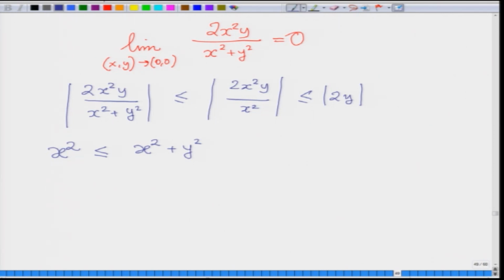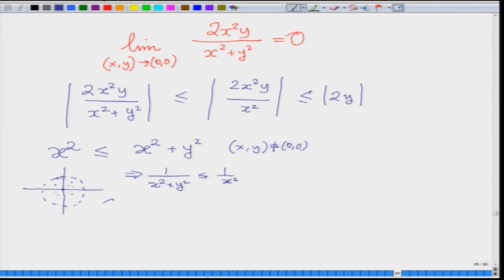Whenever I am very near, here is my 0 0 point and I have drawn a small ball of some radius around it, maybe the delta, and when I am here and here and here, and whenever x and y are non-zero, that is x y is not equal to 0 0, then I can always write this, and this would imply 1 by x square plus y square is less than or equal to 1 by x square, and I get this.